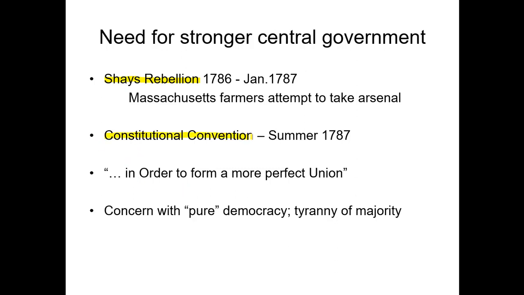Daniel Shays was a former veteran in the war who became a farmer in Massachusetts and was having lots of problems. He had gotten put in jail owing a debt. He formed a group of men who were pushing back against the powerful state structures there, and it grew.